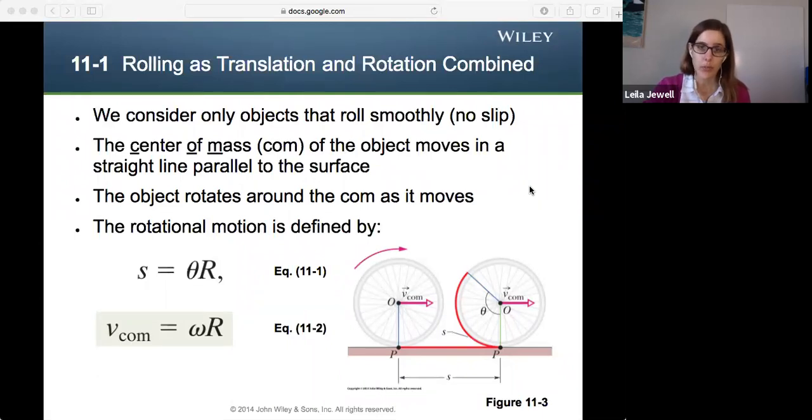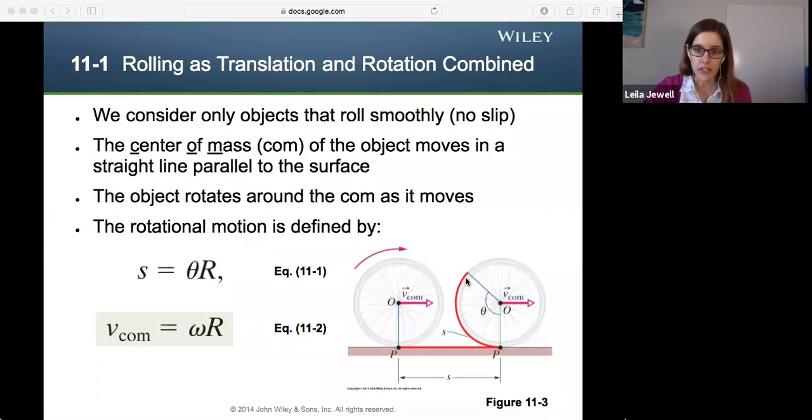So the rotational motion is defined by our linear to angular variable equivalence. S, the linear distance, is equal to the angular displacement theta times the radius r, which we can see in this figure here. If we imagine a bicycle wheel starting at point P, if it's moving forward, then it will roll out and sweep out some distance.